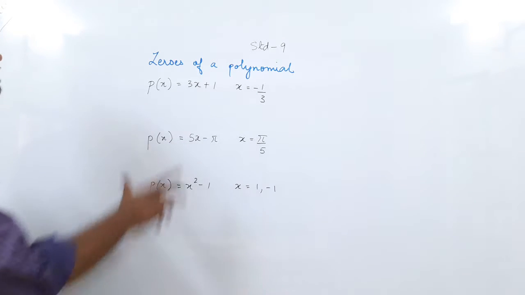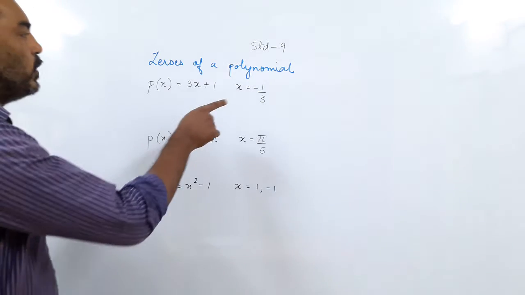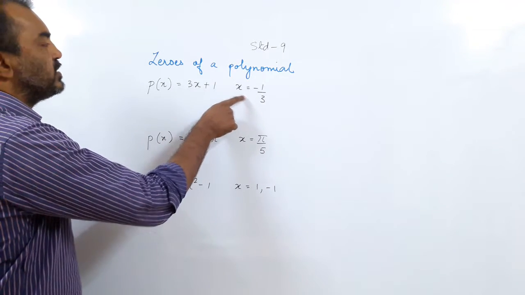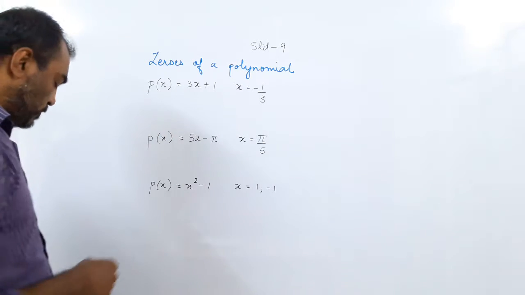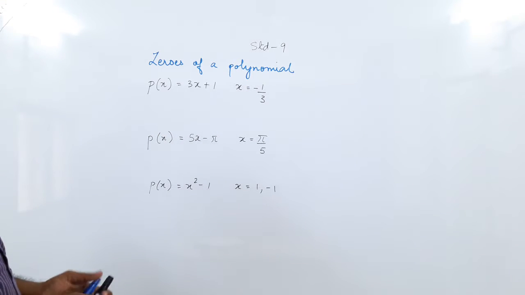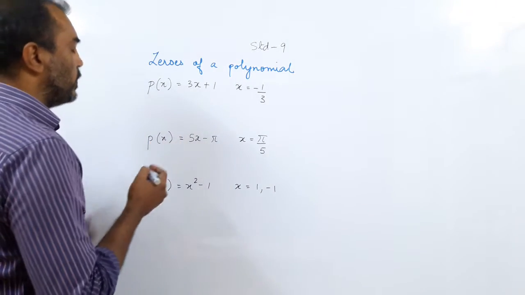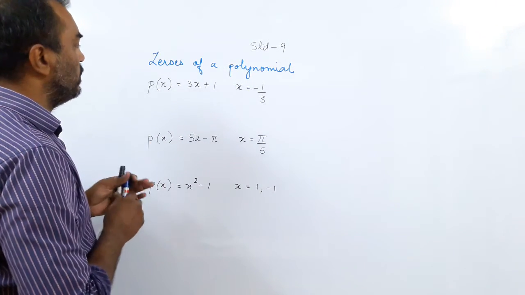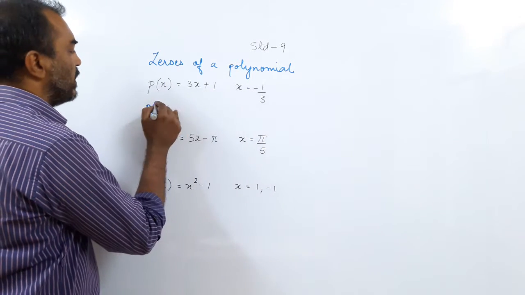What is the sum telling us here? We have to just check whether, putting the value x equal to -1/3, what is the value of the polynomial? Okay, so I have changed something, but let us see. So what am I supposed to find? P(x) is given, x = -1/3.